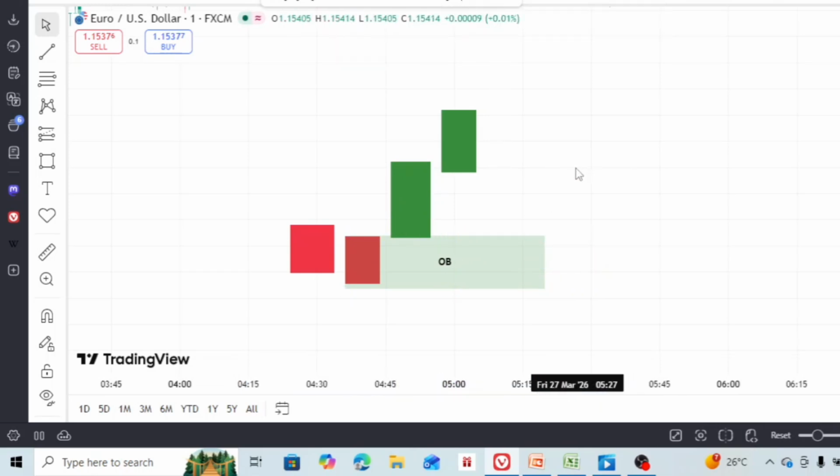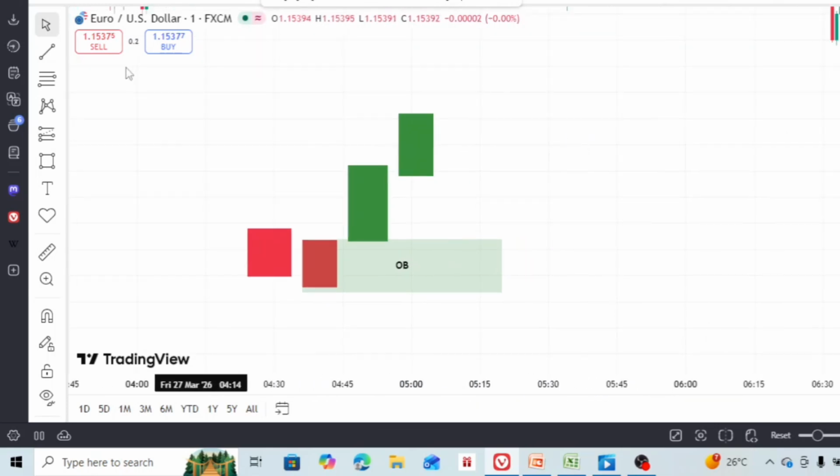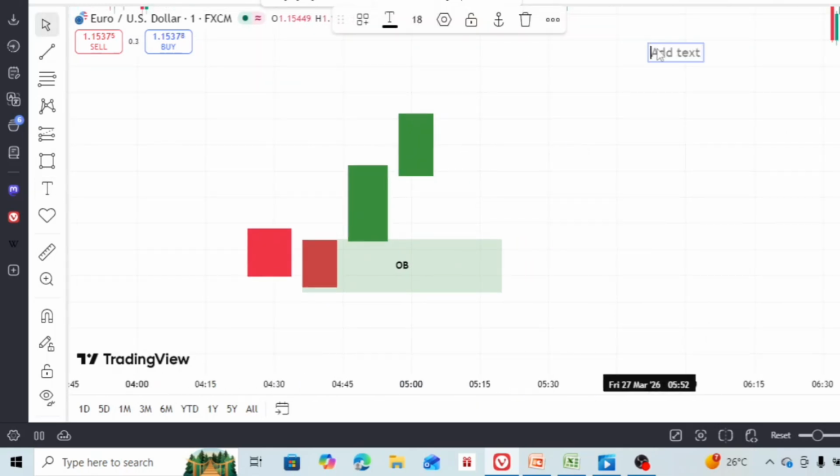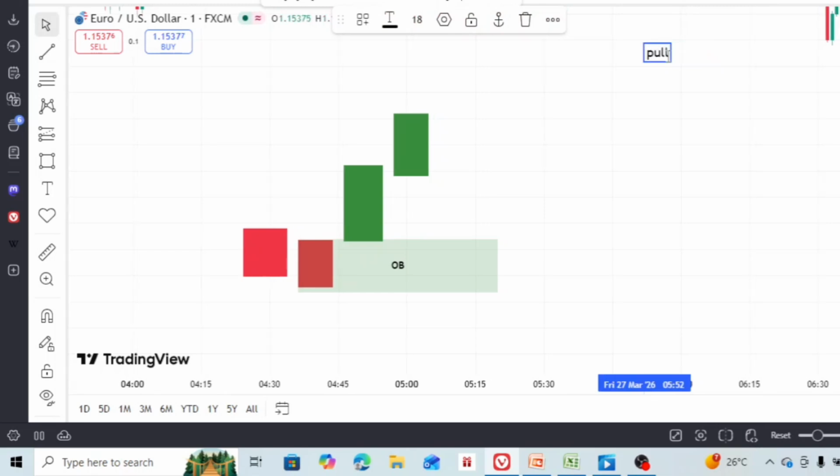To identify a high probability order block, there must be a pullback, which means the inducement must be present in the structure before the order block.